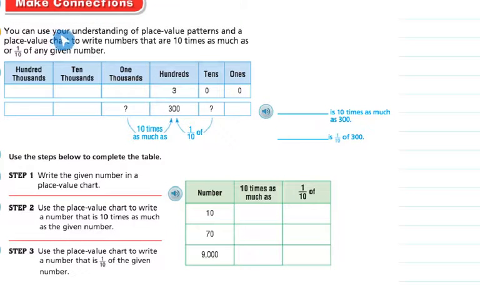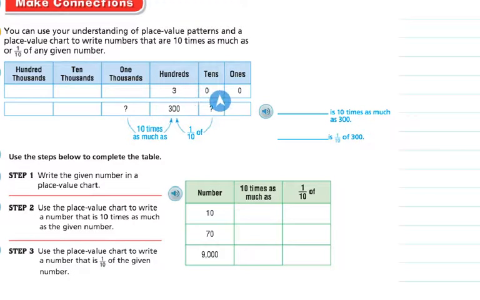It says you can use your understanding of place value patterns and a place value chart to write numbers that are 10 times as much or 1/10 of any given number. So we start here and we see the number, the 3 is in the hundreds place, the 0 is in the tens place, and the 1 is in the thousands place. So what number is 10 times as much as 300?